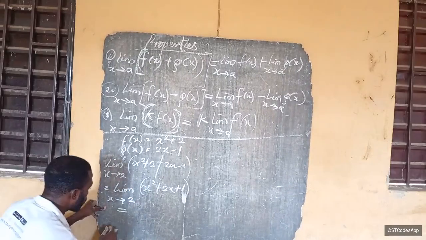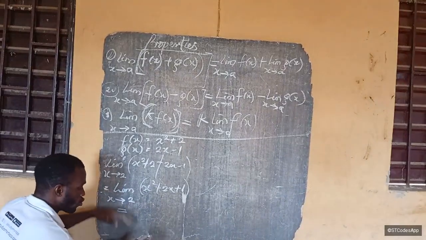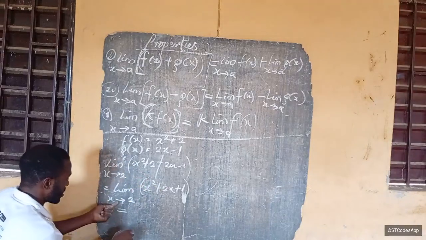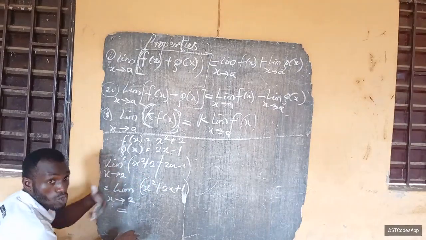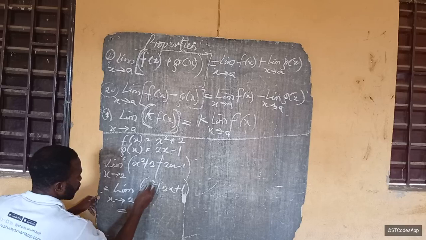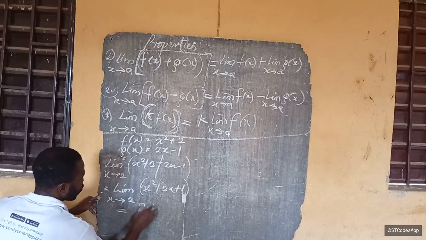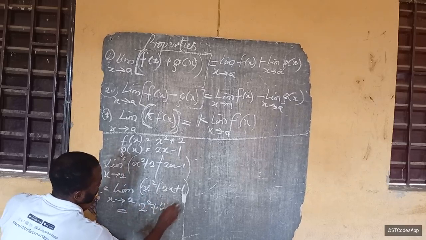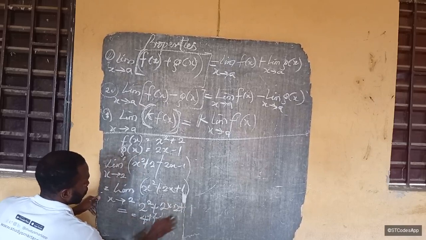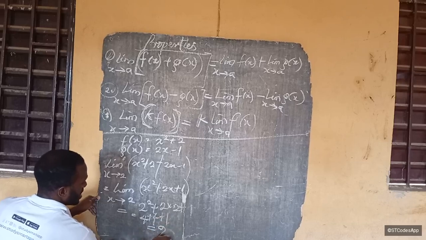If x approaches 2 from both sides, we use 2, the value that x will approach. So we plug 2 into this place: 2 squared plus 2 times 2 plus 1. That becomes 4 plus 4 plus 1, which is equal to 9.